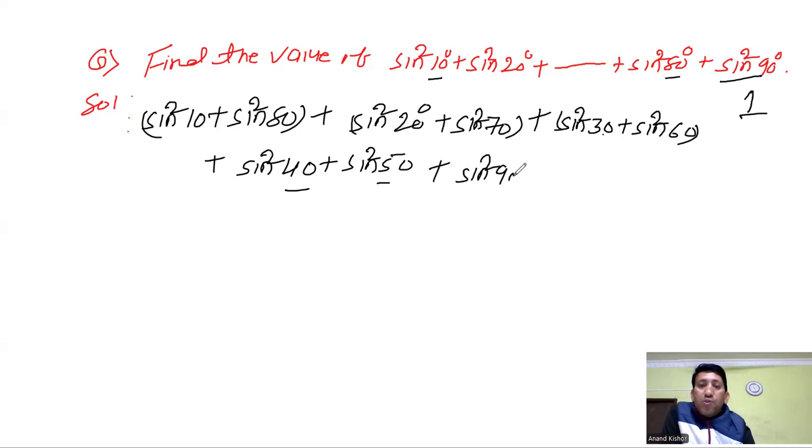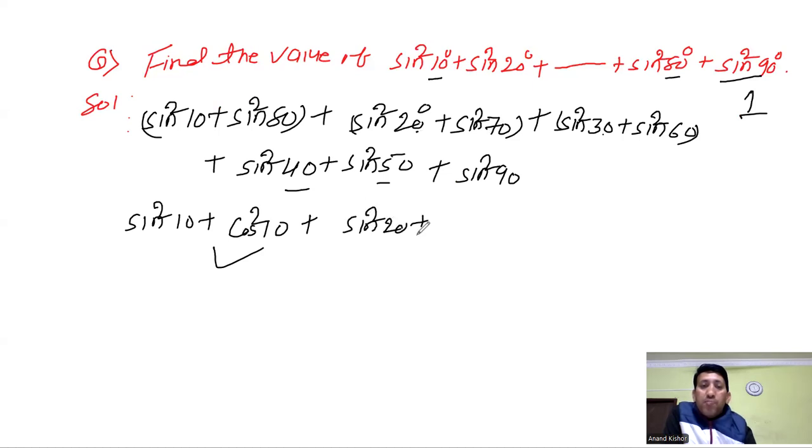So it is a very moderate problem. Sin square 10 plus sin square 80: 10 plus 80 is 90, so directly I will write sin square 80 in the form of cos square 10. See how easy it is. Second, also 20 plus 70 is 90, so we can write sin square 20 plus cos square 20.